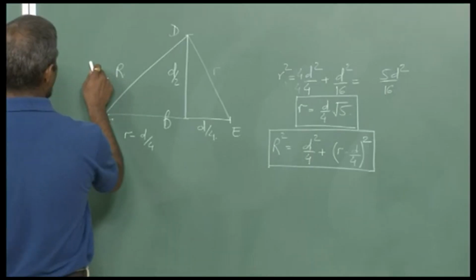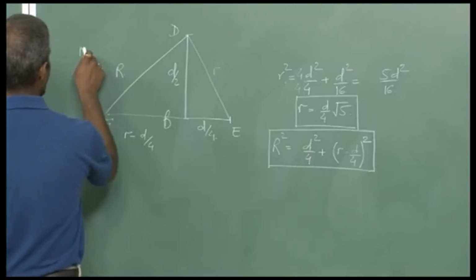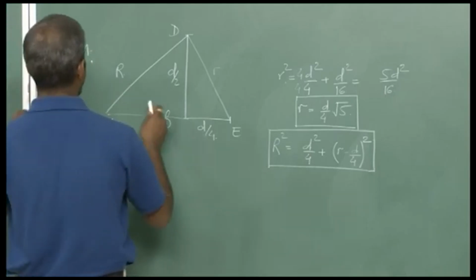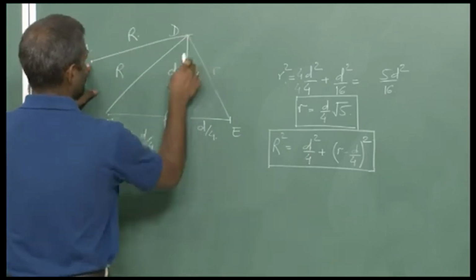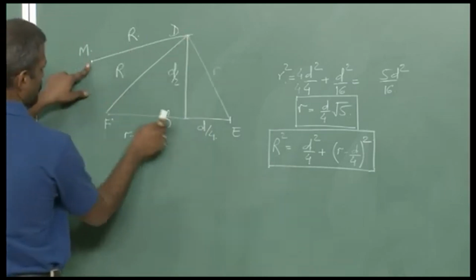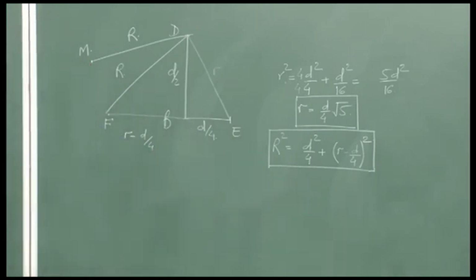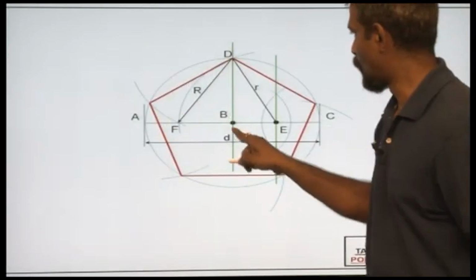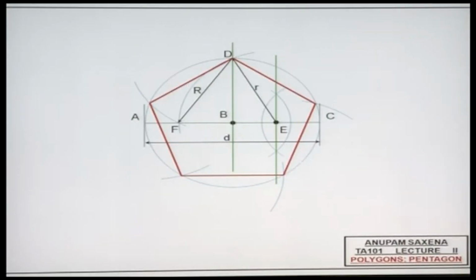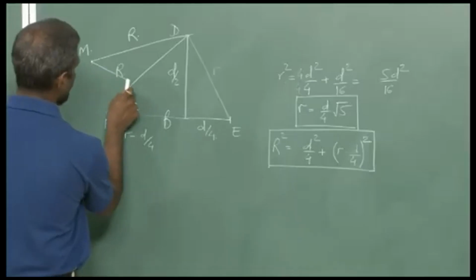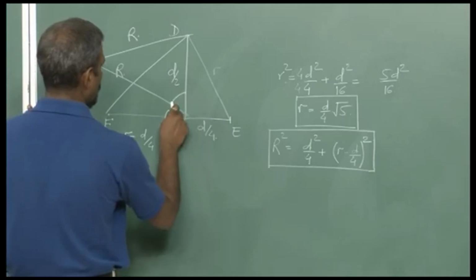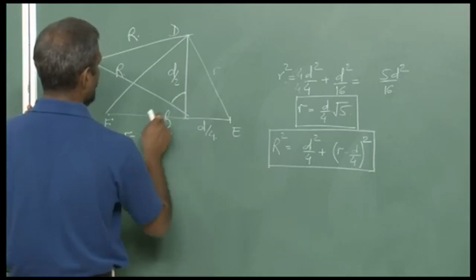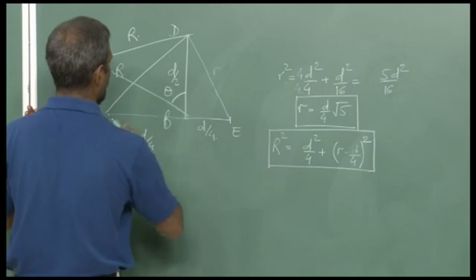So let me draw this point here somewhere, M. So this distance here is capital R, this is d over 2, and MB would again be d over 2. And let me say now that I am interested in trying to find what this angle theta is.